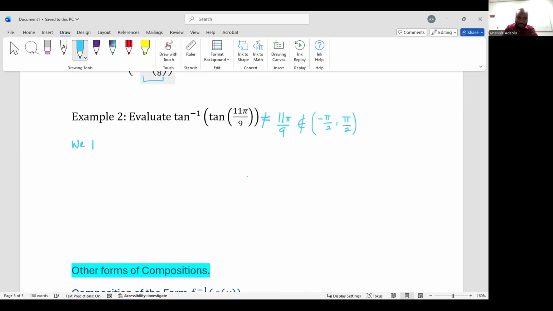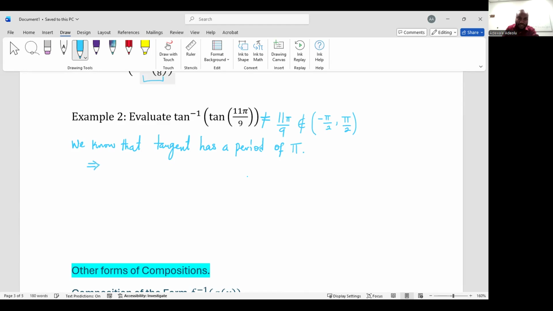We know that tangent has a period of, you should be able to say that before I write, period of pi. Okay, that implies that we can find another angle that is coterminal with 11 pi over 9 for tangent.